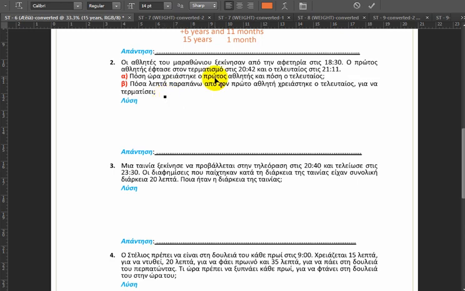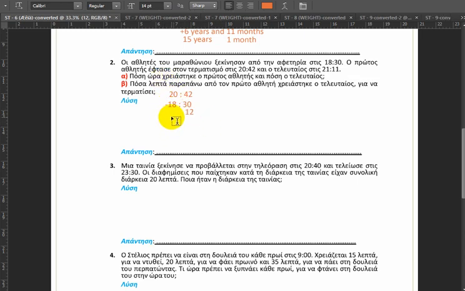So let's get started. We're going to do 20:42 minus the starting time, so 18:30. So 42 take away 30 would give me 12.